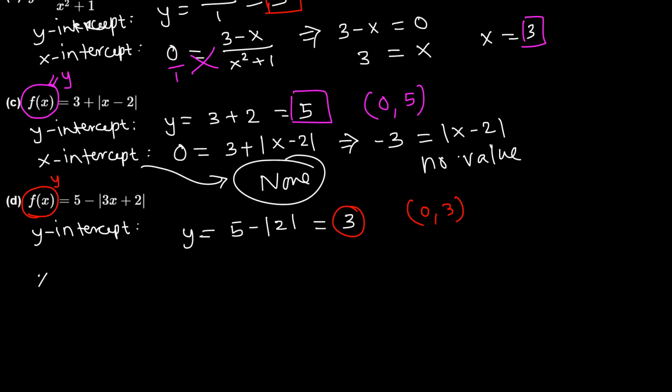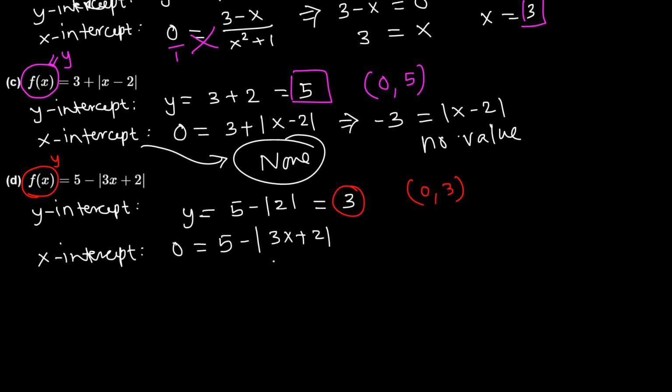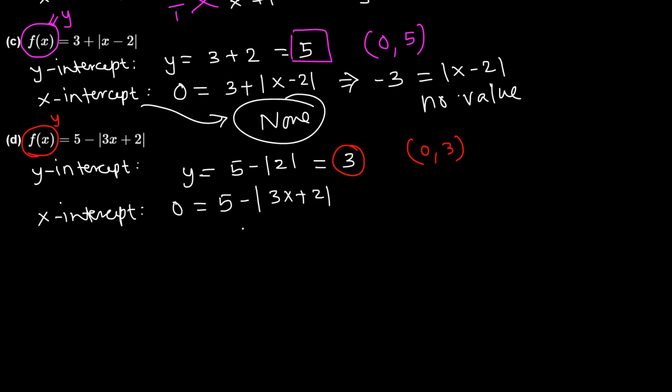Now let's find the x-intercept. We set y equals 0, so 0 equals 5 minus the absolute value of 3x plus 2. Here we need to isolate x, so let's move 5 to the left side. That means subtract 5 from both sides. So negative 5 equals negative the absolute value of 3x plus 2, the whole thing negative.